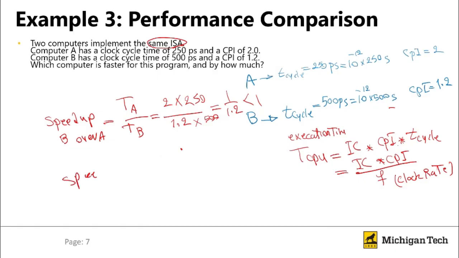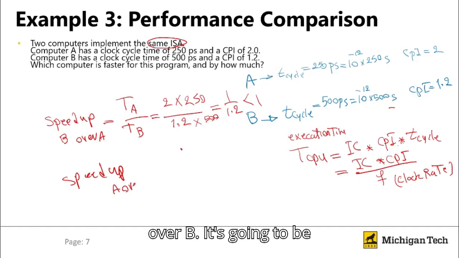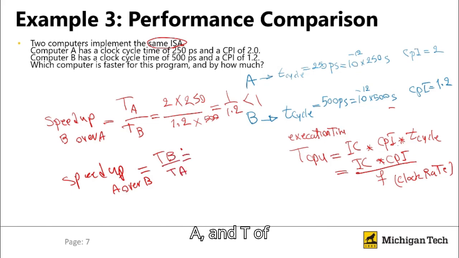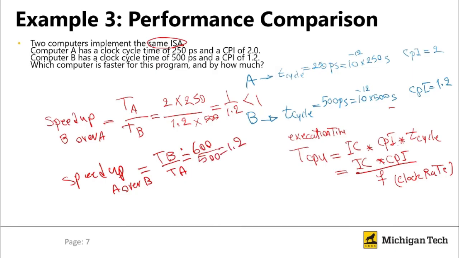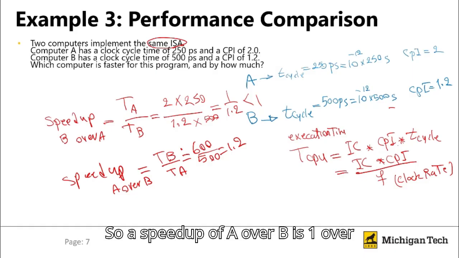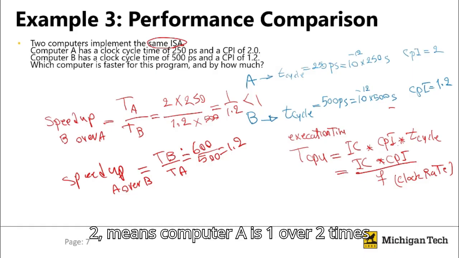A speedup of A over B is going to be T of B over T of A, and T of B is 600, almost, and this is 500, which is 1.2. So a speedup of A over B is 1.2, meaning computer A is 1.2 times faster.